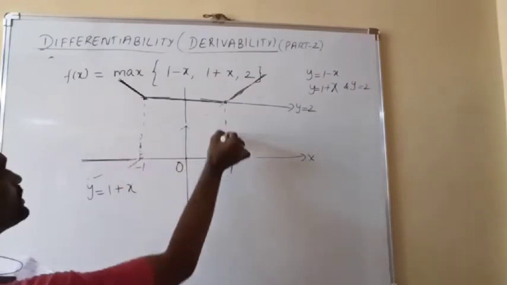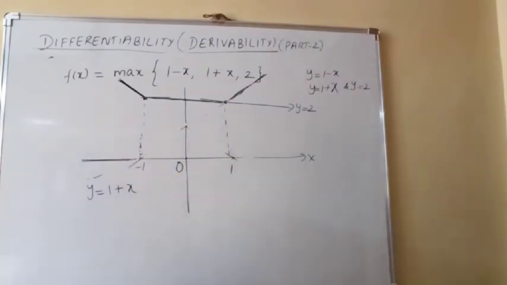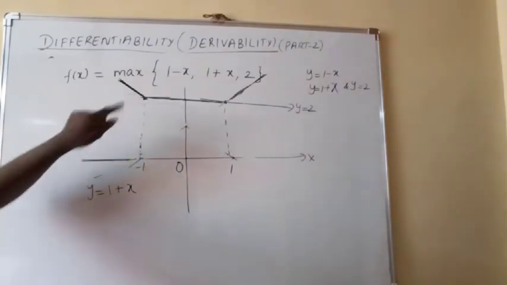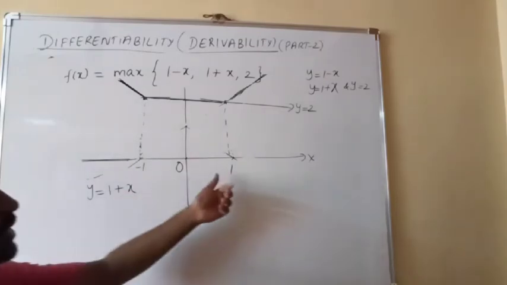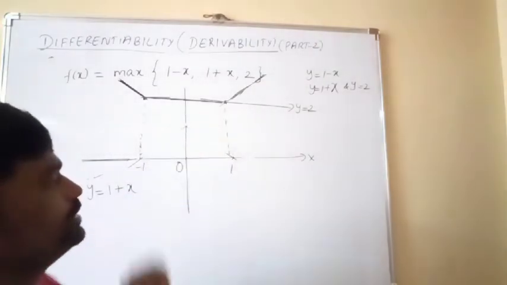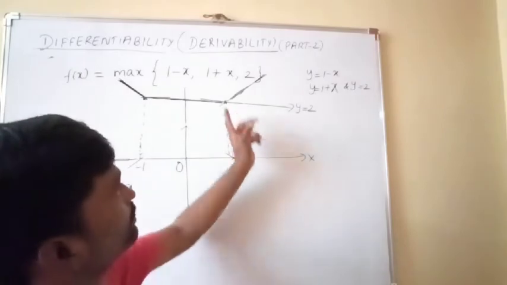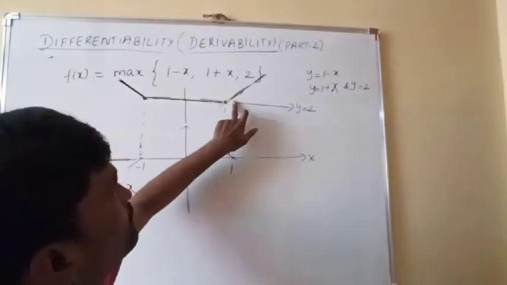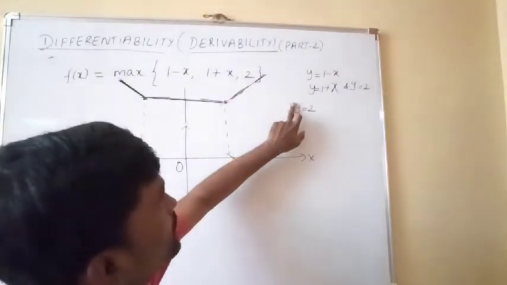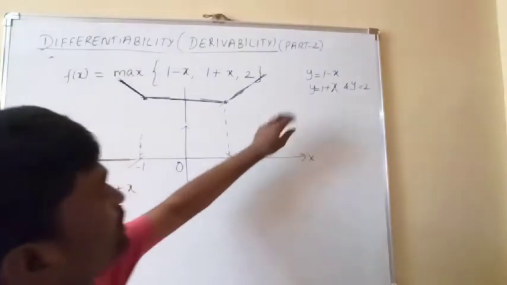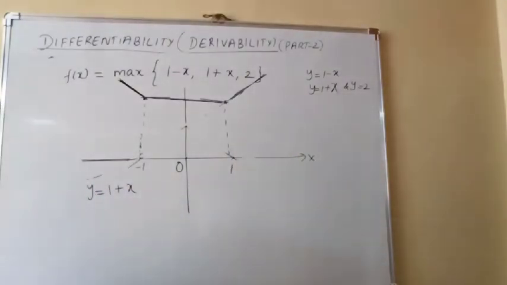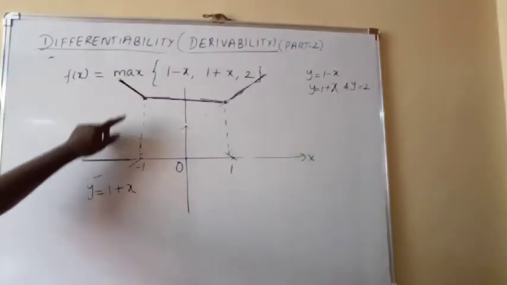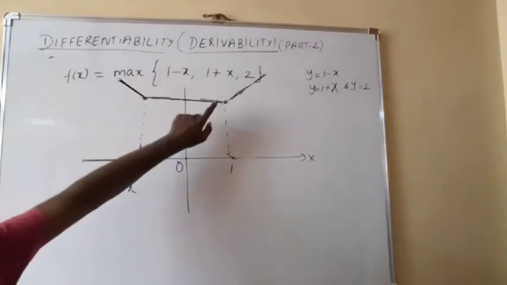So between -infinity and -1, y is equal to 1 minus x. Between -1 and 1, the function value is 2, and after 1, y is equal to 1 plus x. So this is the graph of y is equal to f of x. Clearly, the function has sharp edges at -1 and 1.